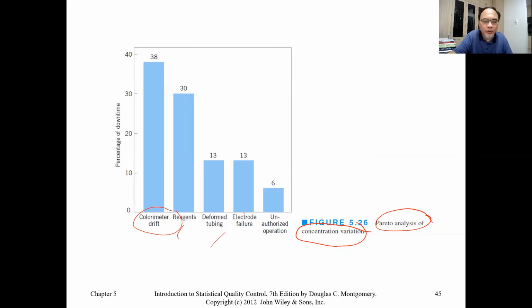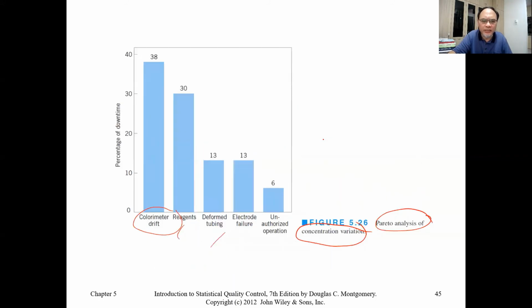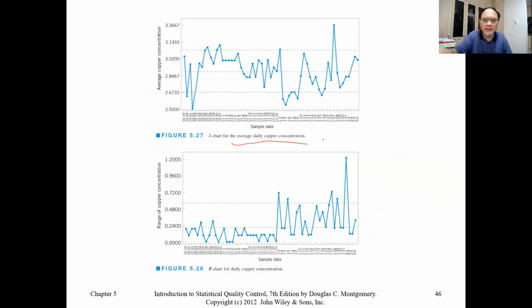Okay, so you further analyze with the Pareto, and they constructed an X-bar and R chart for the average daily concentration for the product, for the concentration variation, and the R chart. So you can see here, this is a good range. Fluctuation in the dispersion, this is not good. Okay, this process is actually not within statistical control.